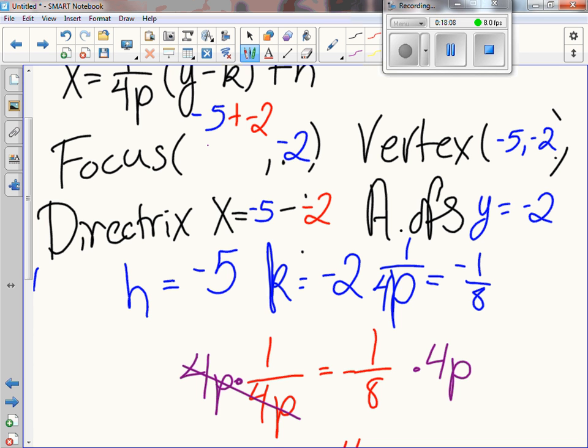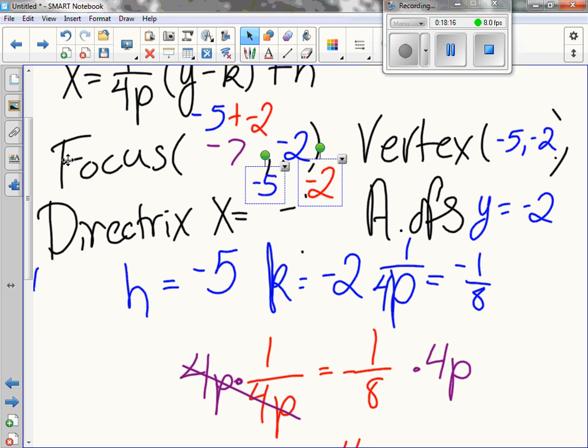So our focus is -7, -2. Because a negative and negative make a positive, this leaves us with -3.